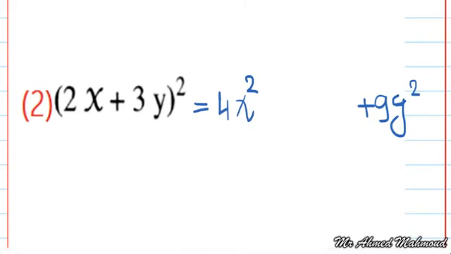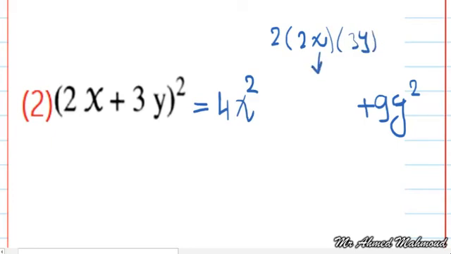In the middle, don't forget, we are going to multiply 2 times 2x times 3y. Here 2 times 2 times 3 equals positive 12, and drop down xy.